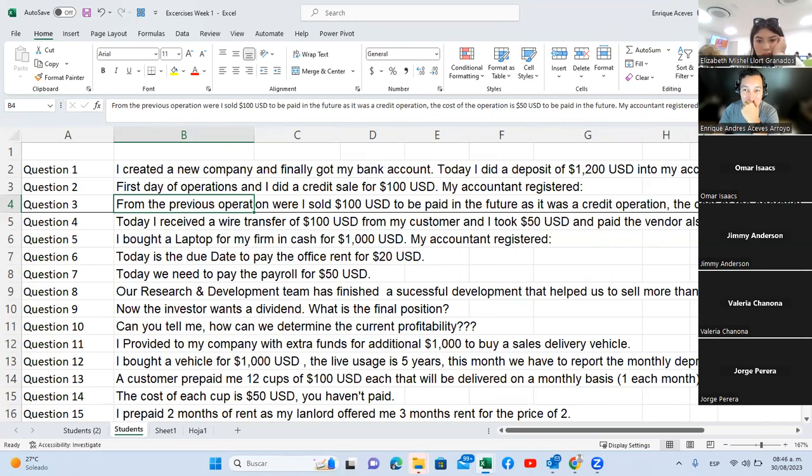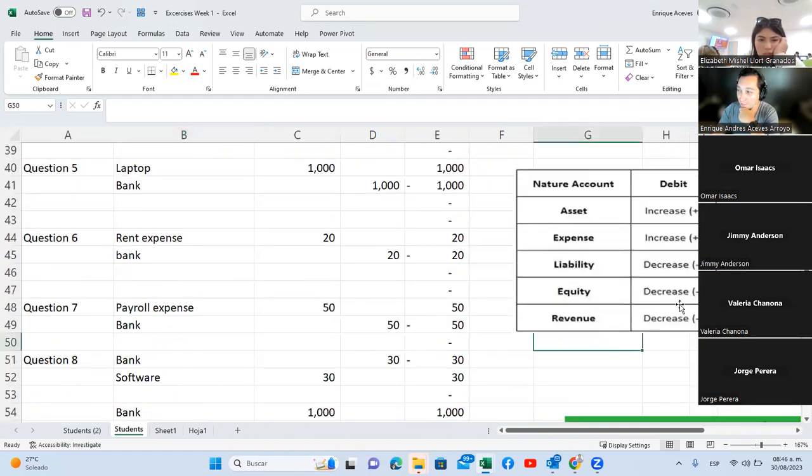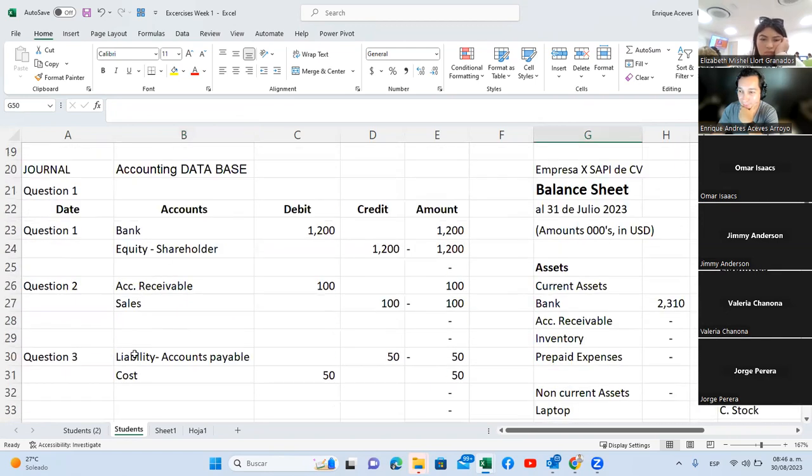It's related to the sale. Awesome. And why debit the cost? Costs increase with? Yeah, debit. With debits, guys. Okay, awesome.